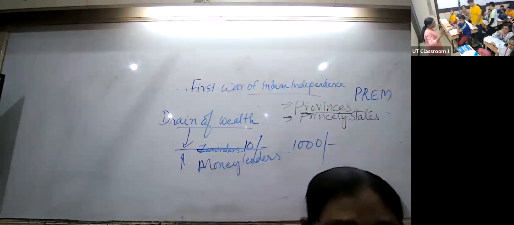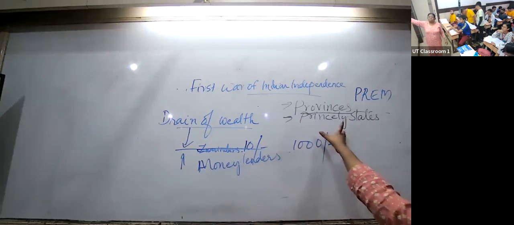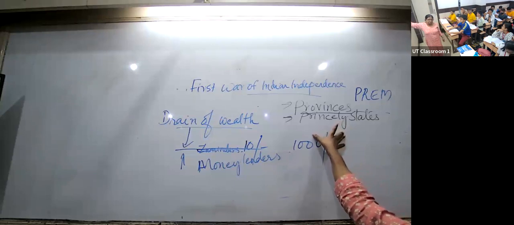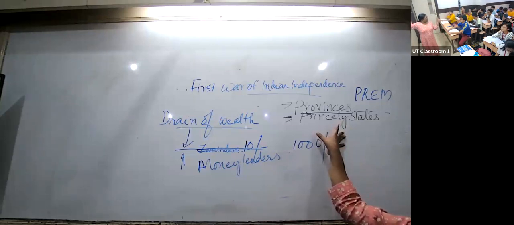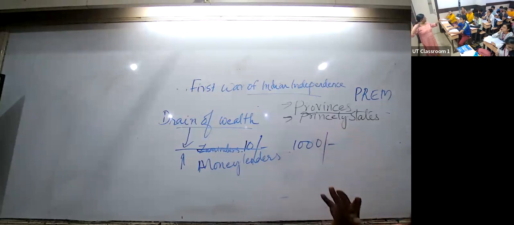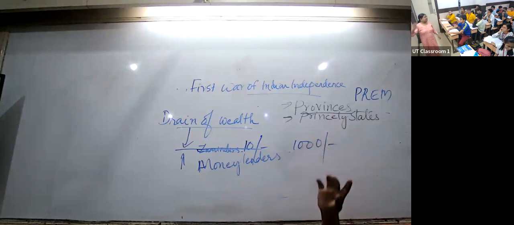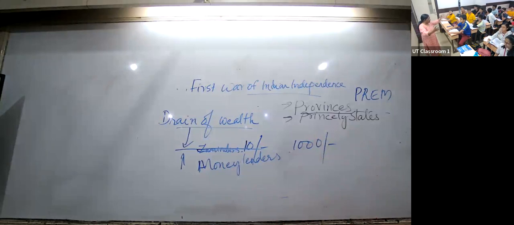So princely states are those states which are ruled by Indian rulers, and the attitude towards the princely states changed. That is why, when we got independence, there was also a big problem. Almost 600 princely states were there.